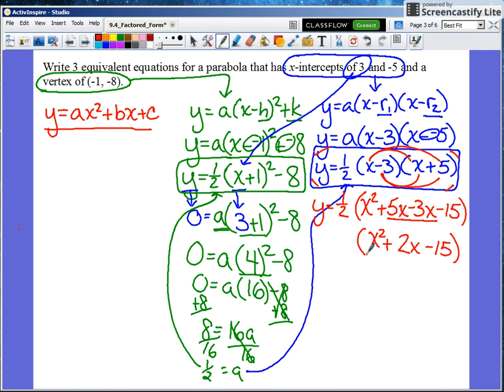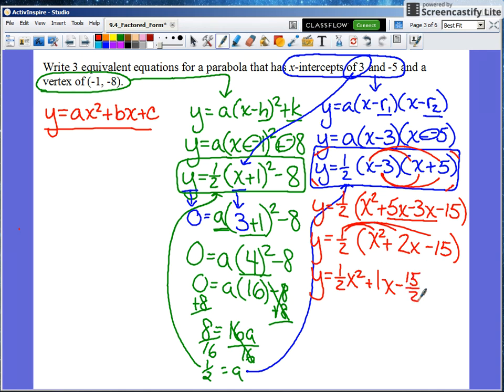Now we have a trinomial in parentheses. Now to get to general or standard form, I'm going to distribute my leading coefficient, 1/2, giving us y equals 1/2 x squared plus 1x minus 15 halves.